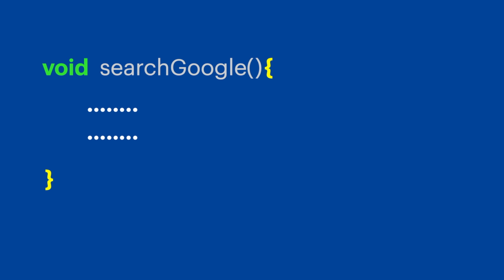We use these parameters to pass some values to our function. For example, the searchGoogle function can have a parameter like a term which we want to search on Google, a query, or anything similar. We will take a look at parameters in the future. So let's get back to our topic now.